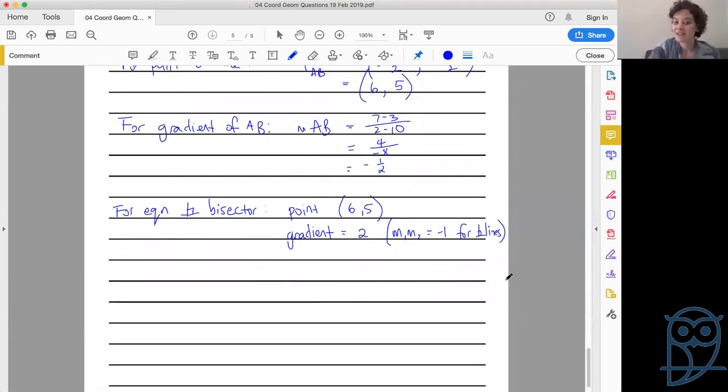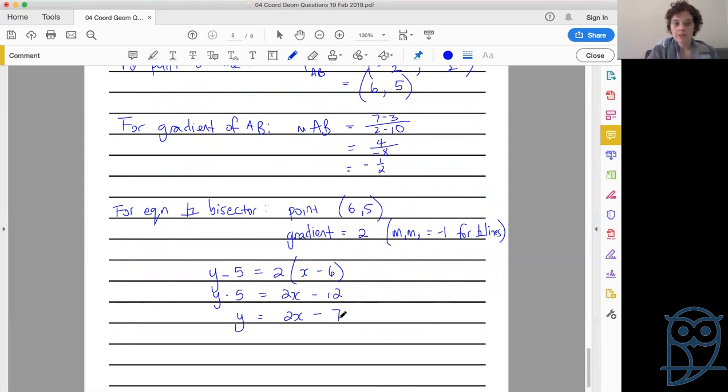Right, our friendly formula: y minus 5 equals 2(x minus 6). So y minus 5 equals 2x minus 12, y equals 2x plus, 12 minus 5 is 7, so minus 7.